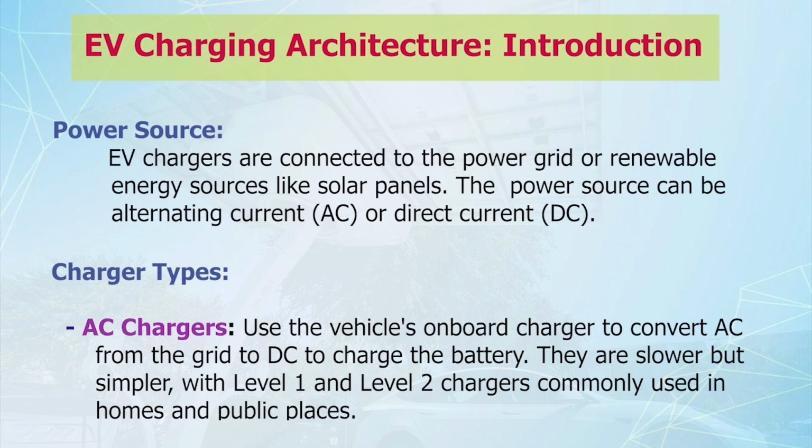The other type of AC charger is the level 2 charger, categorized as semi high speed, a semi fast charger, which is used in homes as well as in public places.